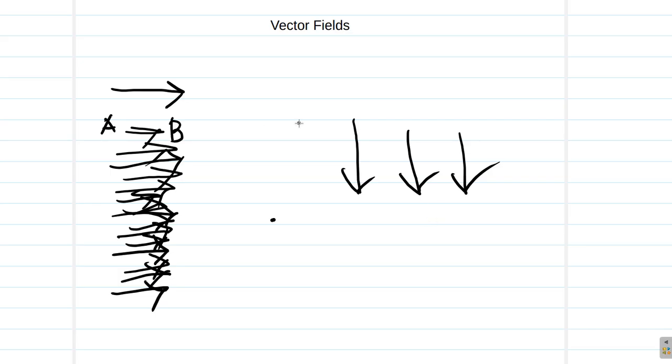As well as you have other things that create a vector field. It could be a magnetic field consisting of each flux line. It could be an electric field. It could be fluid flowing, right? And so on and so forth.